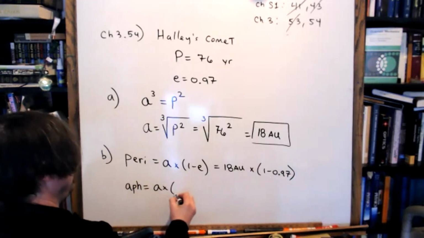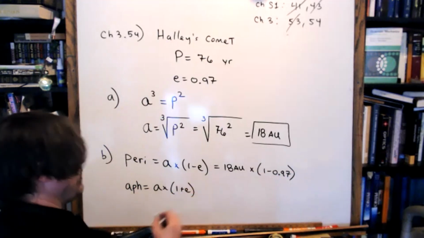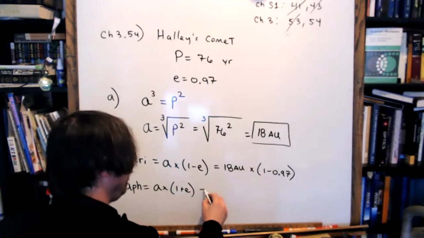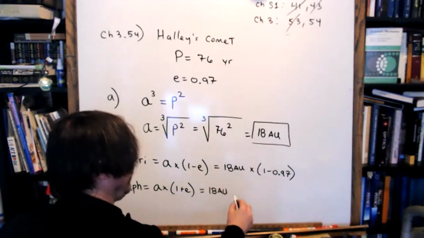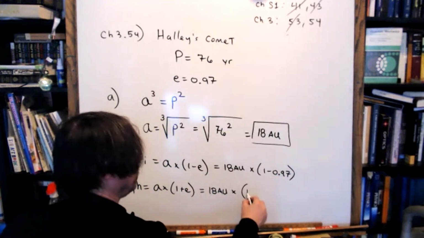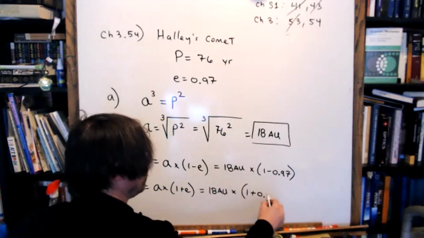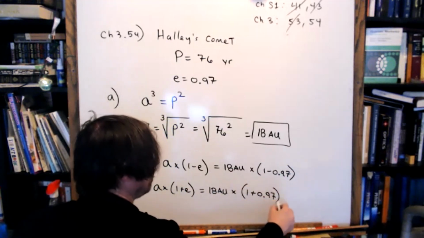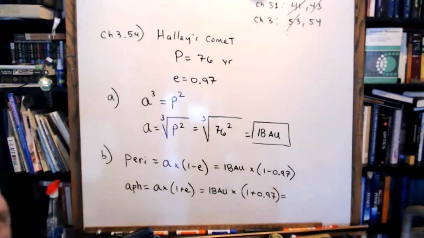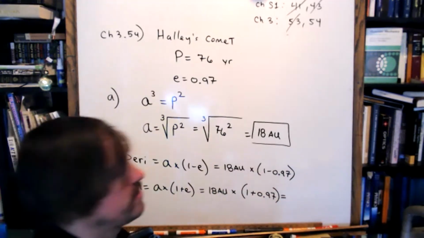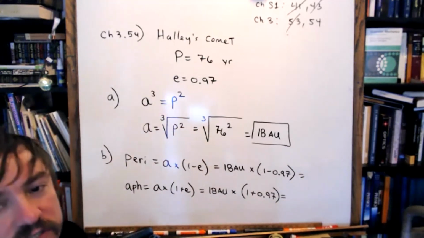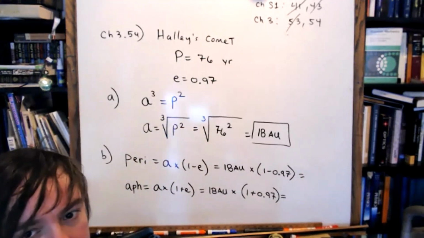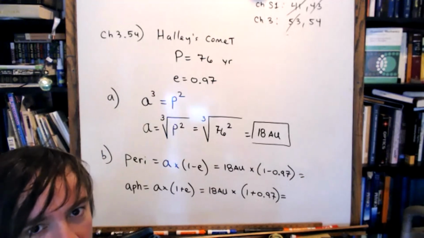The aphelion is A times 1 plus E, 18 AU times 1 plus 0.97. Okay, why don't you guys bash those out for me? Use the parenthesis keys.